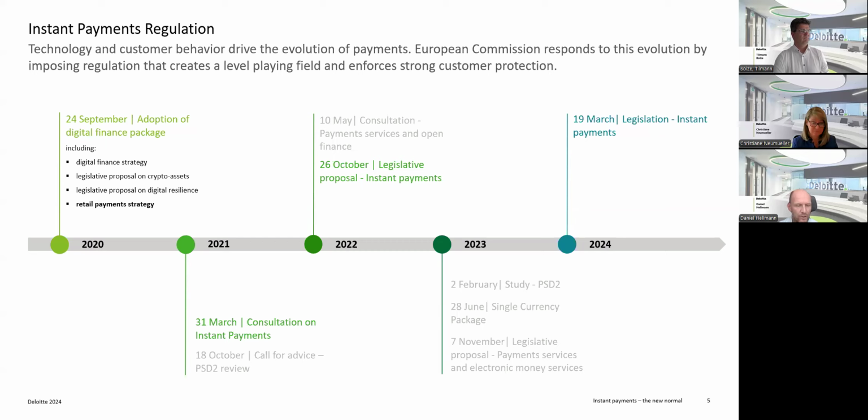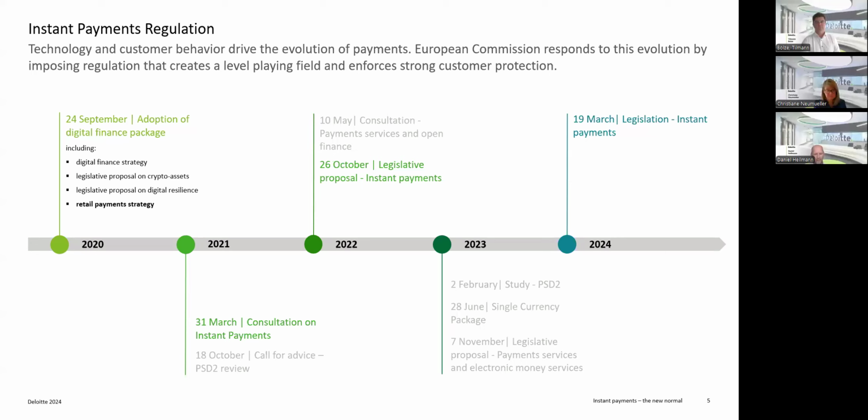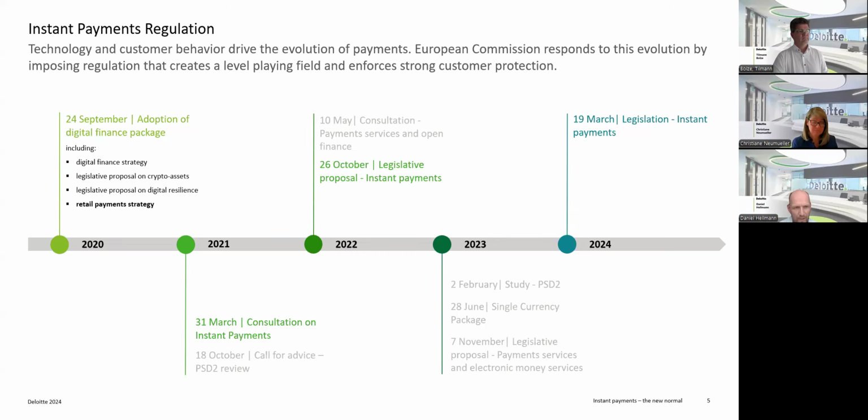So the regulation was mainly planned because what we have seen in the industry is that there is a missing uptake in the usage of instant payments, that there is fragmentation between the different operators of payment systems in the European Union, and that there are a lot of obstacles that hinder the adoption of instant payments, as for example charges or new types of fraud that are associated with instant payments.